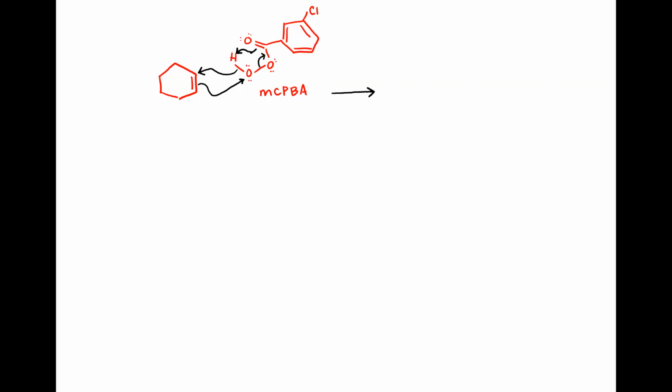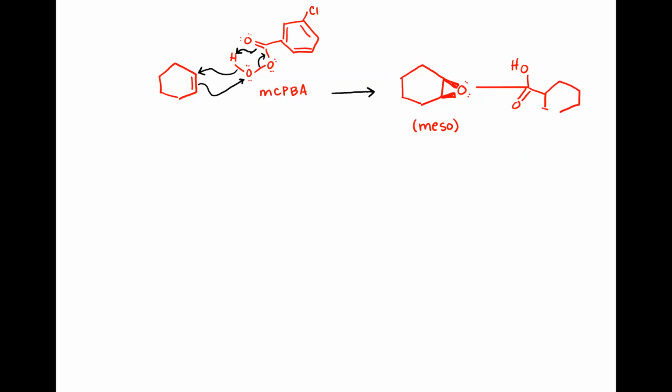The product of this step, this one step mechanism, is an epoxide. And this epoxide is meso, so it doesn't have an enantiomer. However, both the bonds to oxygen are either both up or both down, sort of equivalent because it's a meso compound. So you could draw either one. And the byproduct of this step would be metachlorobenzoic acid.